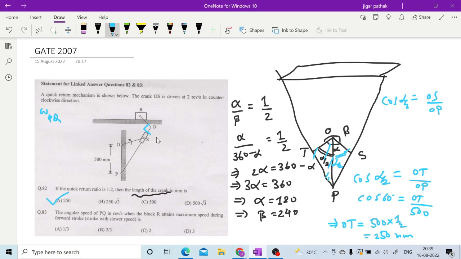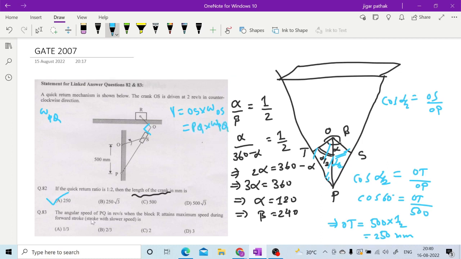In that case, your linear velocity will be the same. Linear velocity is nothing but this distance into omega, so OS into omega OS will be equal to this particular distance PQ into omega PQ.